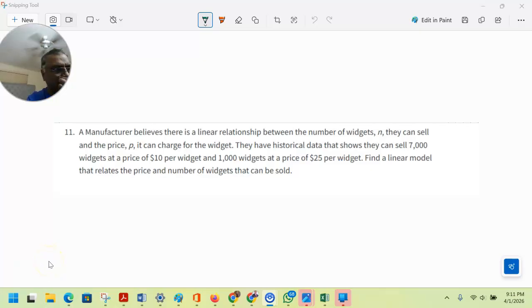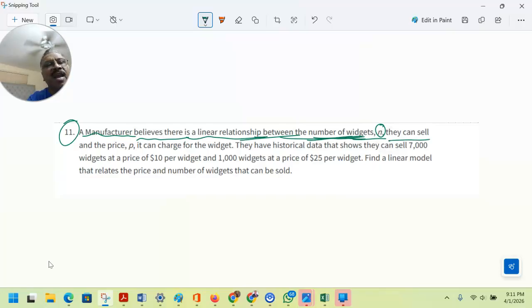Okay, this question is question number 11. A manufacturer believes there is a linear relationship between the number of widgets, which is represented by n, they can sell, and the price p. So this is like the independent variable. Read this for a minute and try to get it.